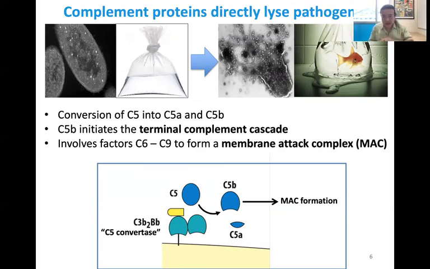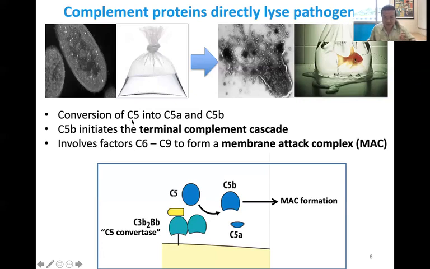A very effective way of destroying this bacteria, other than actually phagocytosing it, like a macrophage does, is you can poke holes in it, right? So if you poke holes in it, then the balance between the osmotic pressure inside versus outside gets really messed up, and the bacteria can't manage things. The water would probably rush in and cause the bacteria to explode, just like what you see here. So that's what this C5 pathway is going to do.